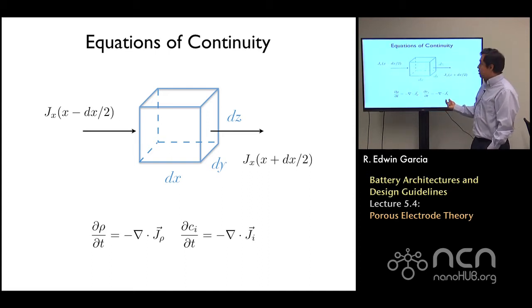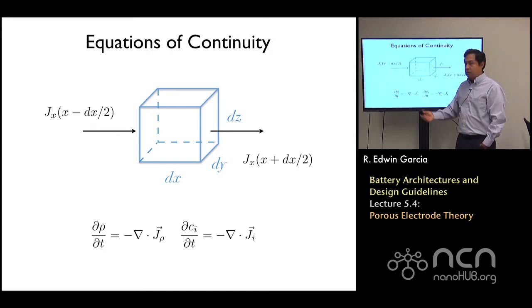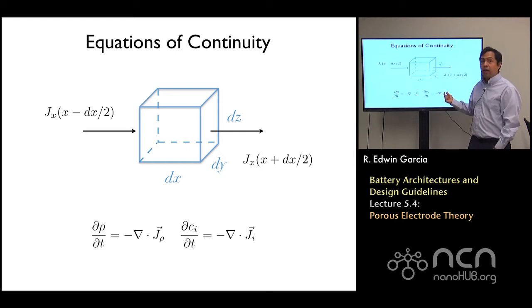Okay, we really would like to define this function, but as you can imagine, trying to define a flux that is a function of composition gradients, that is a function of charge gradients, that is a function of thermal gradients, and whatever deviation from equilibrium driving force that impacts on the accumulation of mass will lead you to have to redefine what that flux J sub rho or J sub i are.